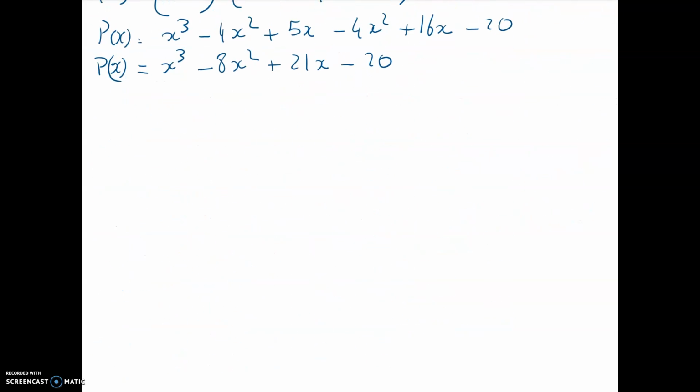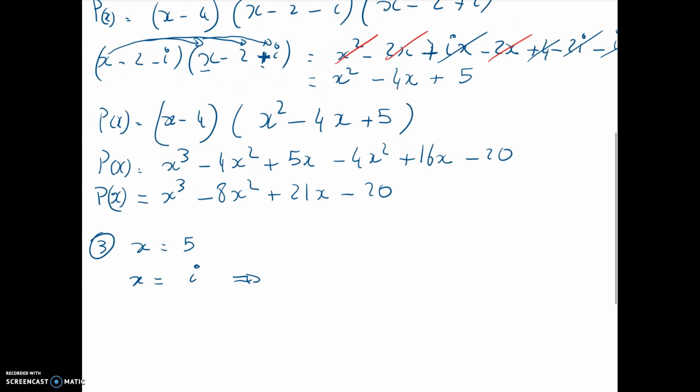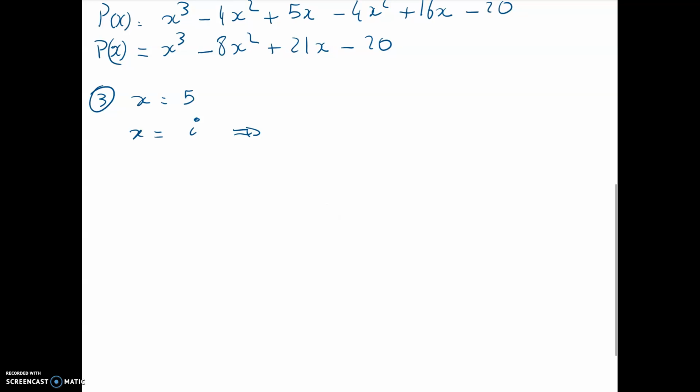Let's try to do another one. We have problem number 3. We have x equals 3, x equals 5 and x equals i. That directly gave me, using the conjugate theorem, that x equals negative i is also a zero.